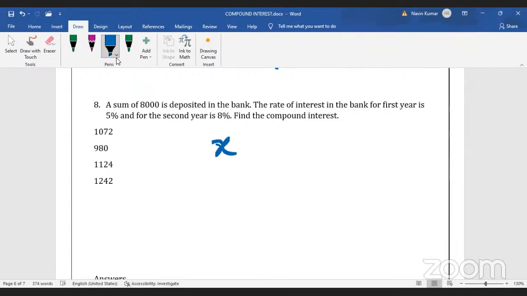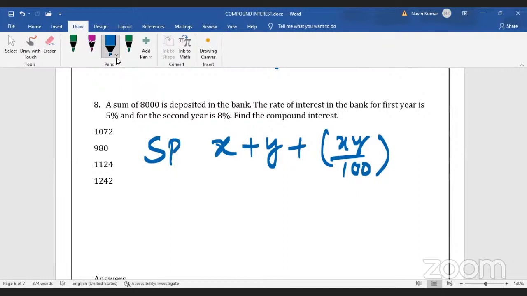Do you remember the percentage chapter where we did something like this? We call it SR, successive rate. Then you just have to multiply the principal with that rate, you will get the answer.